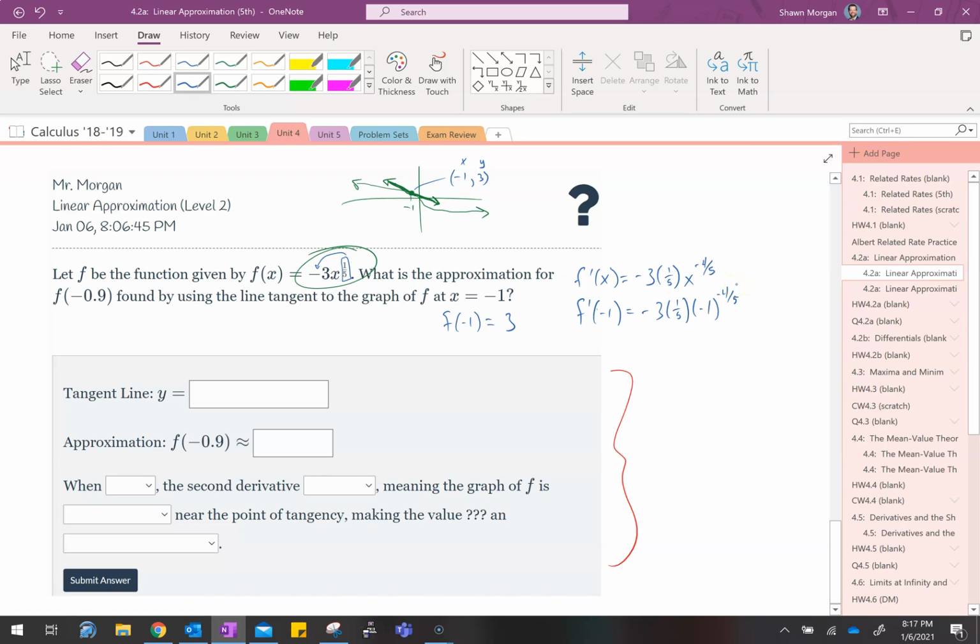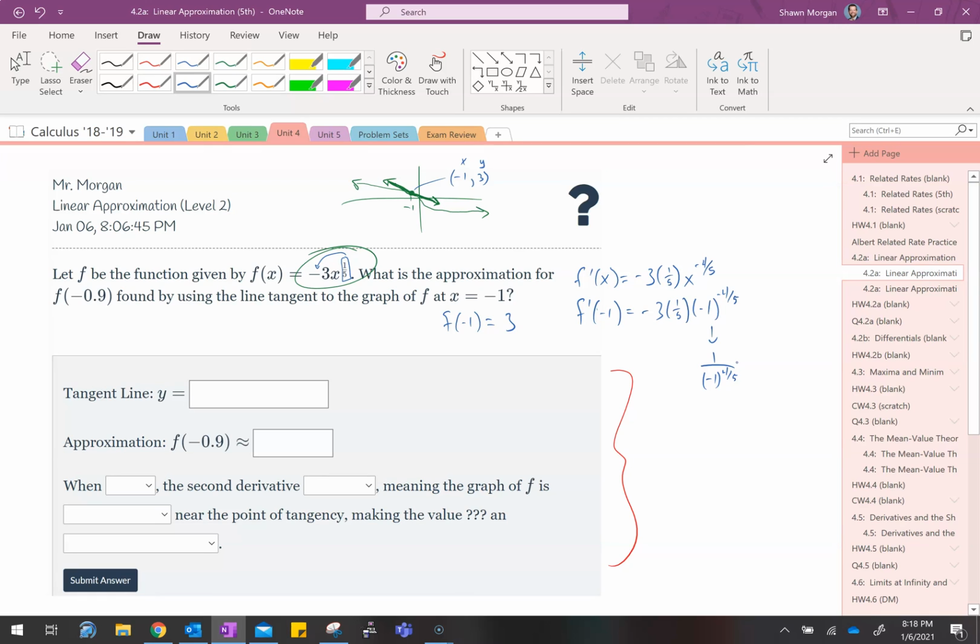Again, negative 1 to the negative 4/5 power is something that we should be able to simplify having had algebra. We know that negative 1 to the negative 4/5 power is going to be 1 over negative 1 to the positive 4/5 power. Raising something to the 4/5 power is like raising it to the fourth and then taking the fifth root of that. Negative 1 to the fourth power is 1.